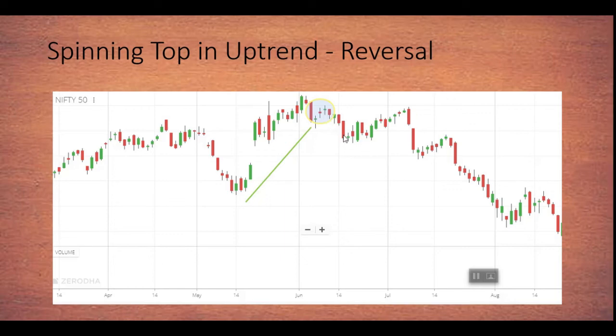If you are already in a trade and want to exit, after seeing this spinning top you can exit 50% of the trade and hold the balance 50%, so that if the price moves down, you exit 50% with a profit at the higher price, and come out of the rest at the lower prices.